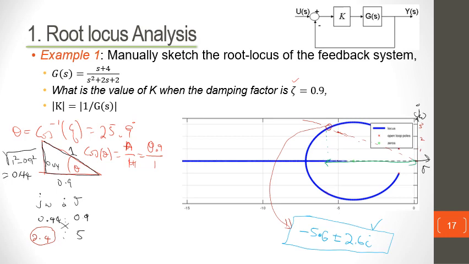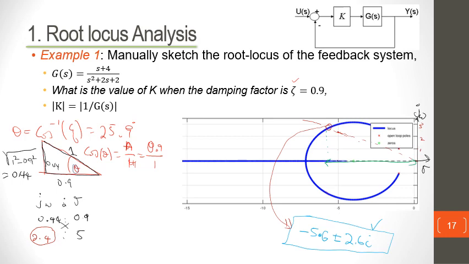Just to go over the procedure again, or at least the logic that we have followed: we asked, what is the value of k when the damping factor is 0.9? A damping factor of 0.9 simply corresponds to a certain angle on a triangle. We can find that angle by cosine inverse and draw it if our plot has equal scales.